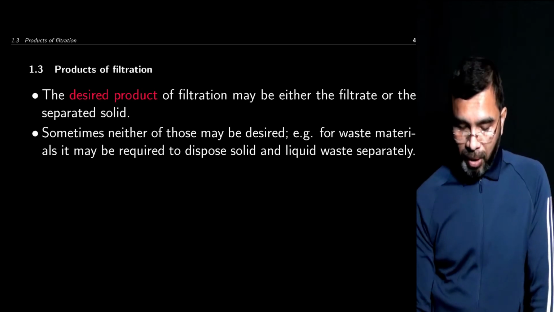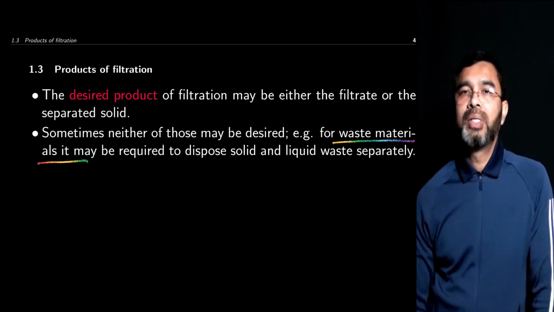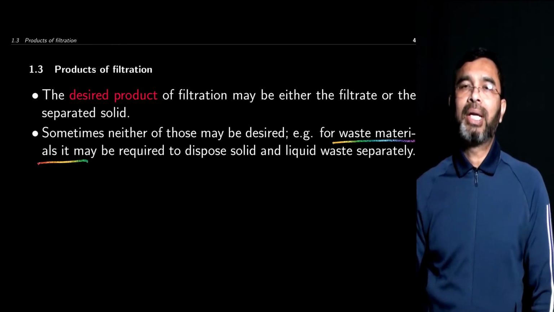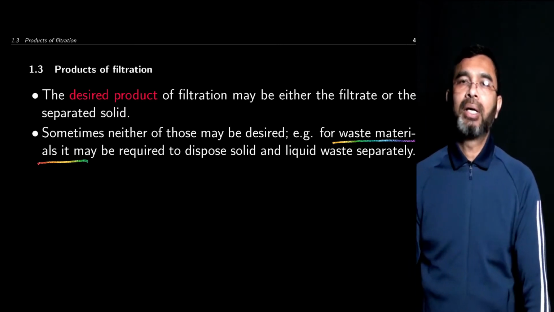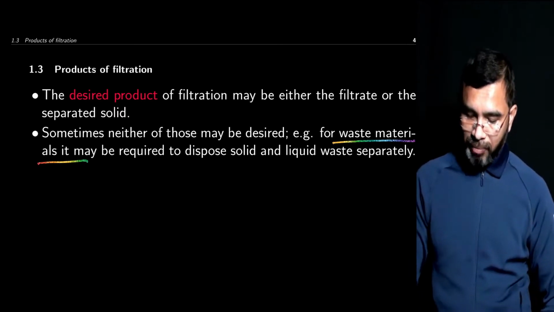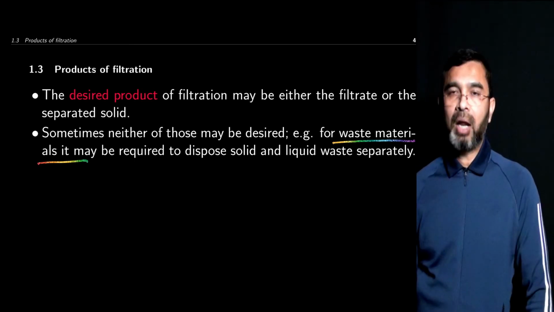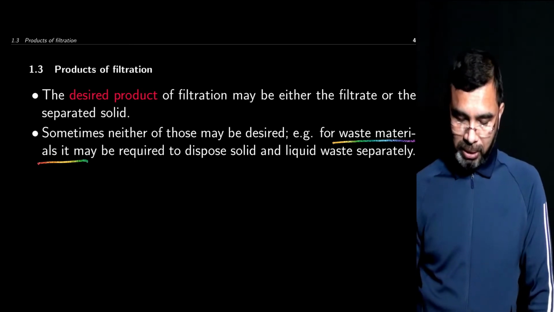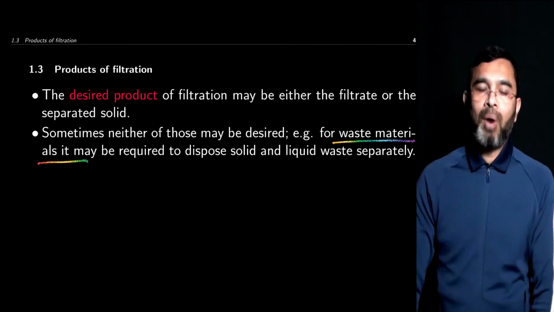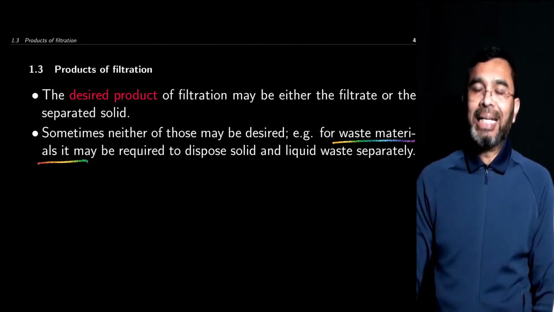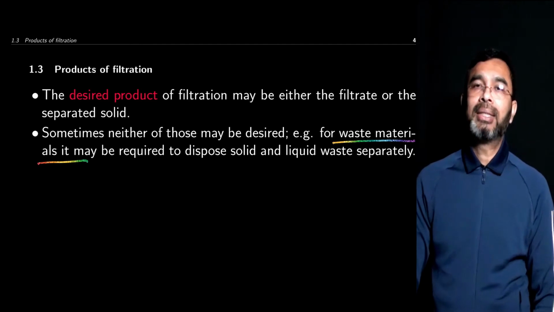For example, for separation of waste materials, the solids and liquid may not be disposable together, so they need to be separated before disposal. So in that case filtration takes place, however none of the products are desired products. For water purification, the water filtrate is the desired product where the solid is discarded.